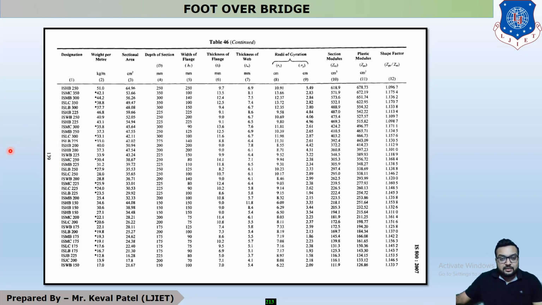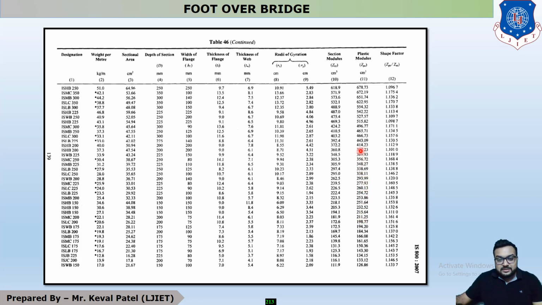So you can see that on page number 139, in the second last column is the plastic modulus, and the value of plastic modulus is given in cm cube. From this column, we have to select a member having a value greater than 363 cm cube.